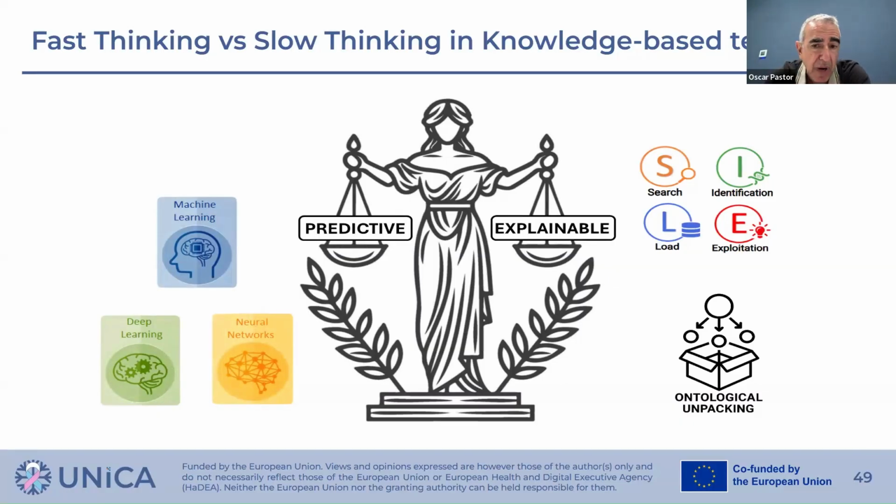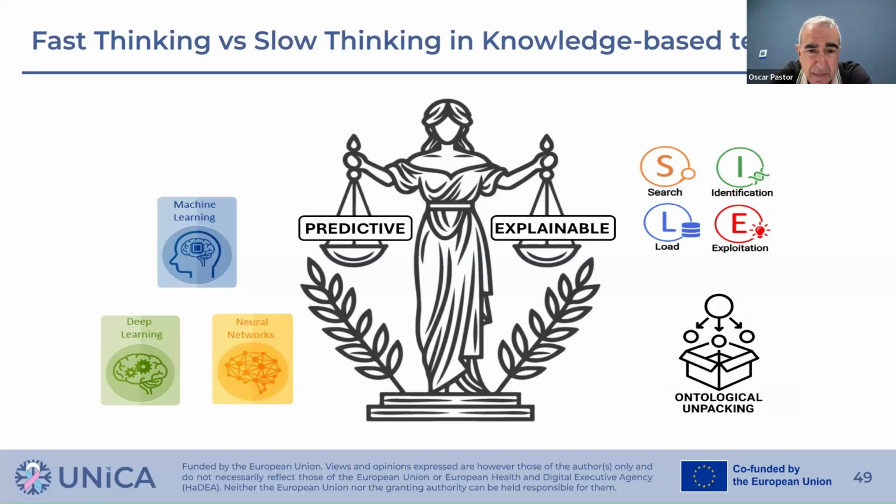So neural networks for learning from unstructured data like images, that is what EUCAIM is doing, and symbolic AI to use explicit rules and logic for explainable and structured decision making, that is conceptual model based. So this is what we want to explore under the UNICA project.